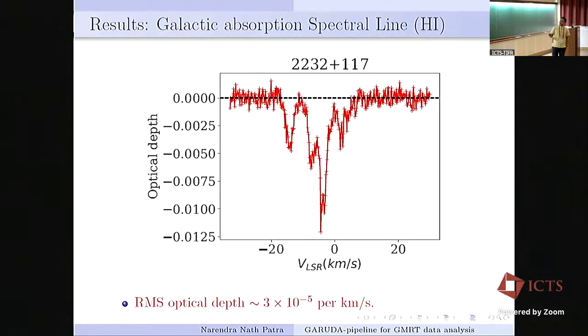This is another HI absorption line, in frequency switching mode using uGMRT again, 2232+117. Frequency switched observation is not a standard observation, but we still tweaked the pipeline and it got an optical depth RMS of 3 times 10 to the power minus 5. This is one of the best RMS we have got till now with uGMRT. So this tells us that the pipeline is working fine.